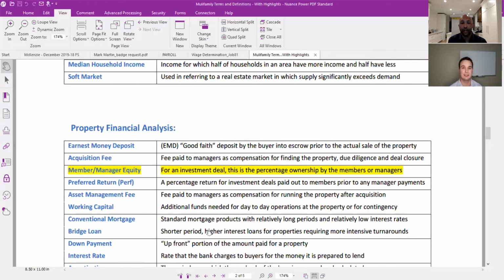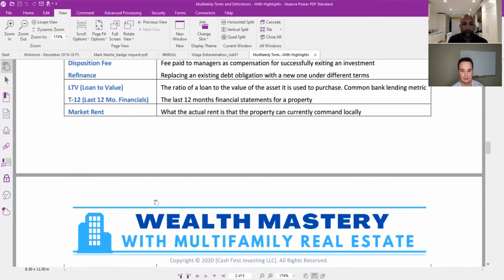Yes, totally agree. I've seen 50-50 splits, 60-40 splits, 70-30, 75-25. It ranges, but it's good to know the difference between the member equity and your manager equity.